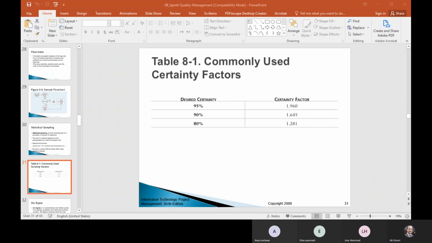Furthermore, if I want a lower certainty factor, meaning the sample is not really representing the whole population very well, and I'm choosing the desired certainty factor, I want, for example, 80%, the calculation will be fewer invoices I have to examine to come up with the conclusion.